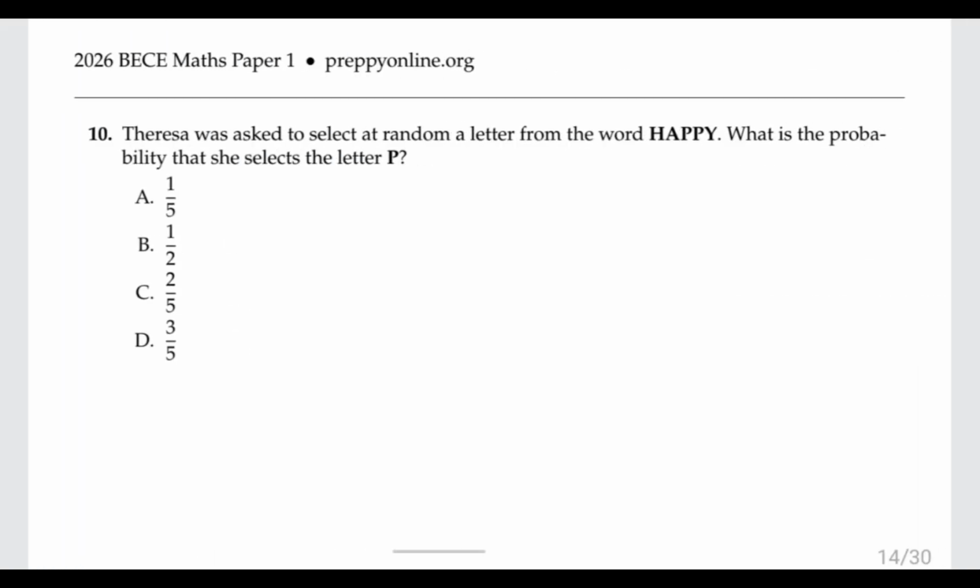All right. The next question is question 10. Teresa was asked to select a random letter from the word happy. What is the probability that she selects the letter P? Well, the word happy has 5 letters, and 2 of them are the letter P. So each of these 5 letters has an equal chance of being chosen.